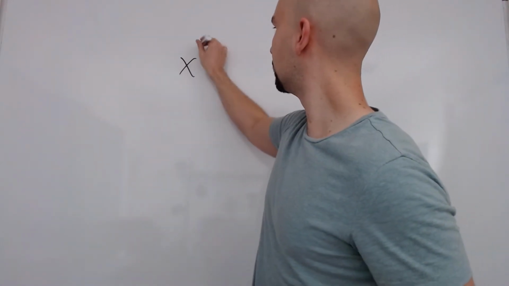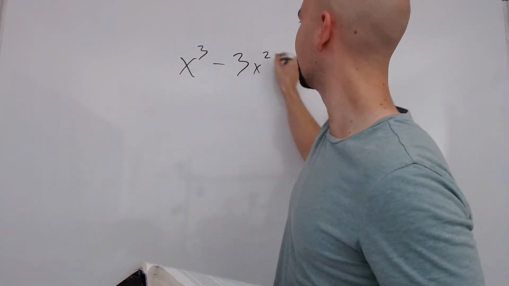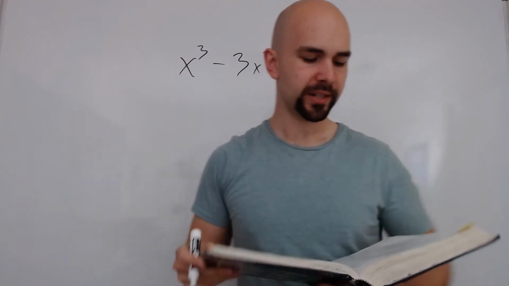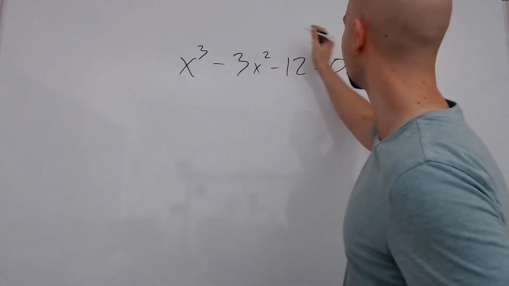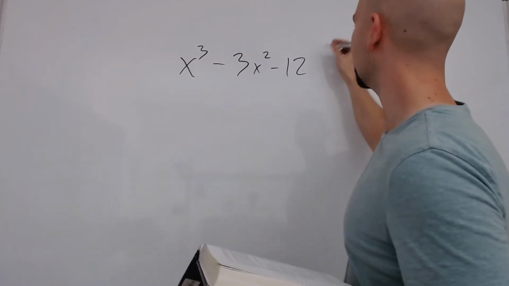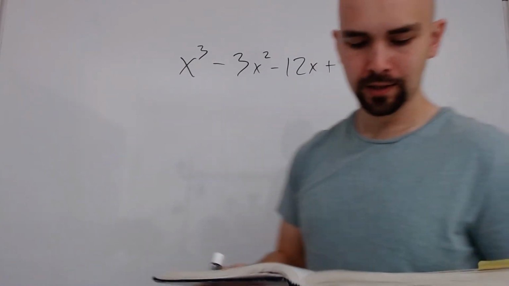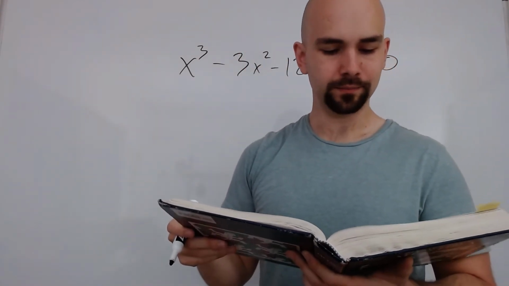But they give you this equation that was a graph of the equation x cubed minus 3x squared minus 12x plus 18 equals 0. So cubic equation. All right.